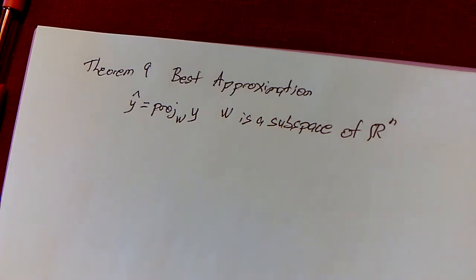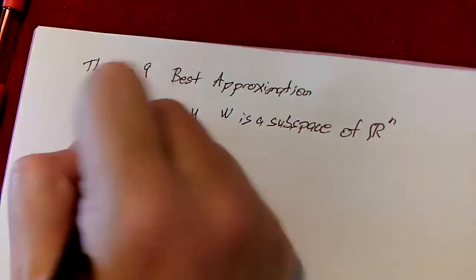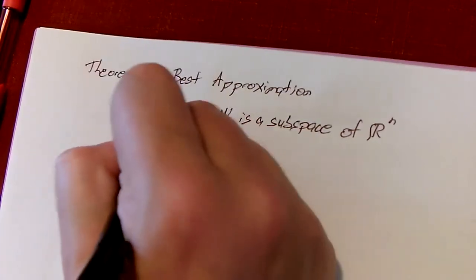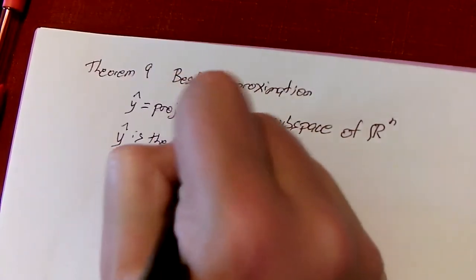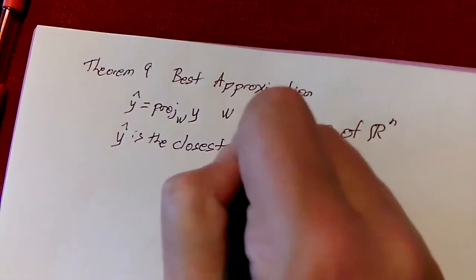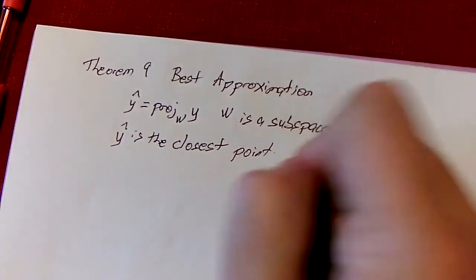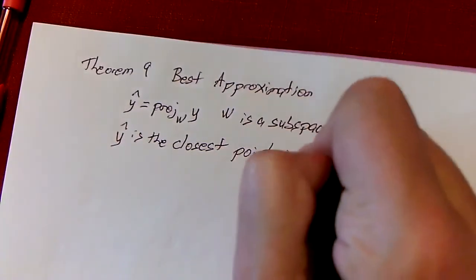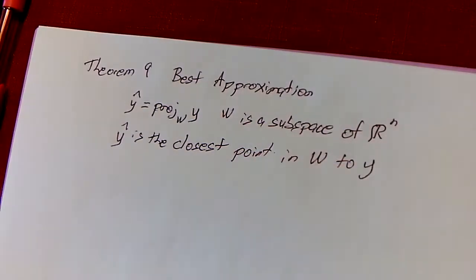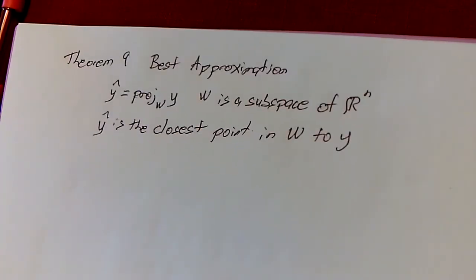Y hat is the closest point in W to y, to the vector that's being projected.